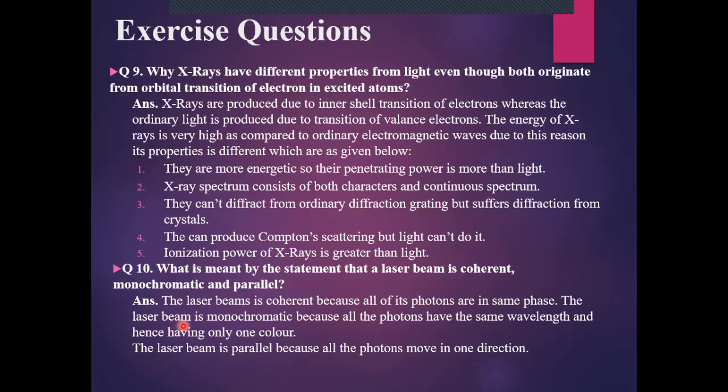Whereas if the laser beam is monochromatic, it means that the photons are of a single wavelength and have only one color. And the laser beam is parallel because all the photons move in only one direction and there is very little dispersion in lasers.